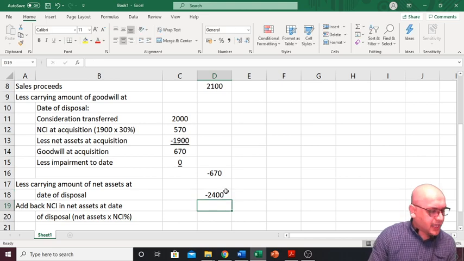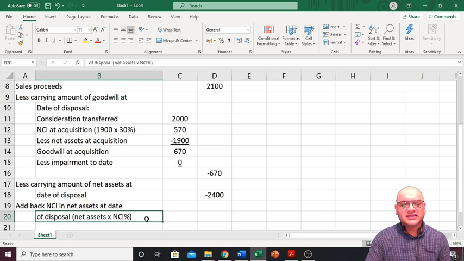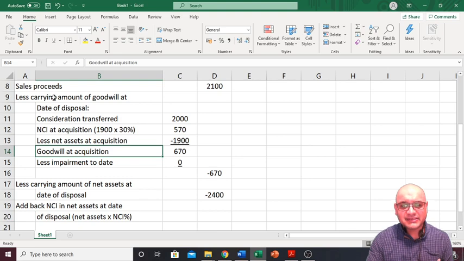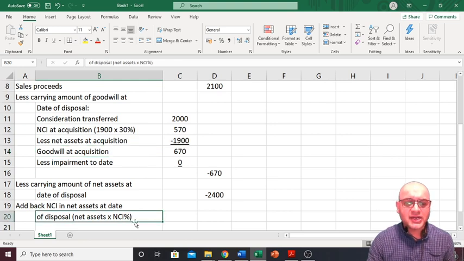Okay, and lastly, the NCIs at the disposal date. Again, we need to add it back. Remember, we are removing everything that is related to the subsidiary. All these are the assets, the first top two, therefore deduct. NCIs are a kind of credit entry, usually under the equity section, and therefore it is a credit entry.